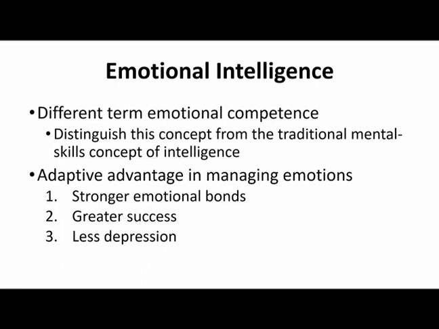So having adaptive advantages with these emotions might explain why it seems to be a universal trait. Though not everyone agrees on the idea of emotional intelligence. And considering this is a newer model of intelligence, proposed quite a bit more recently, I'm sure there's a lot more debate and a lot more evolution in this area to come in the future.